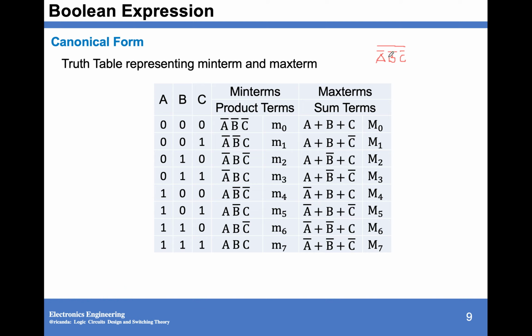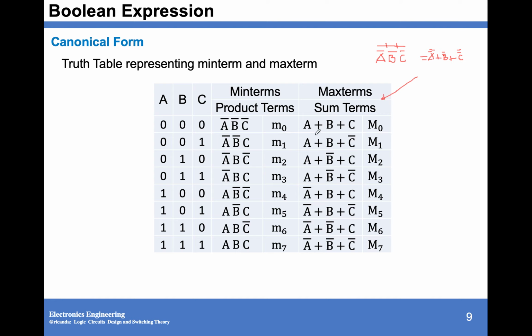Then after complementing the variables, we have to use De Morgan's to break this bar, and that will become your A double bar, or with B double bar, and your C double bar. Applying double negative, it will become A or B or C.